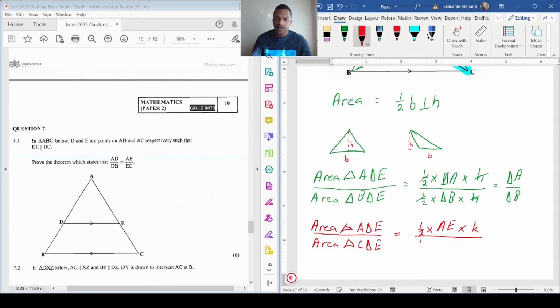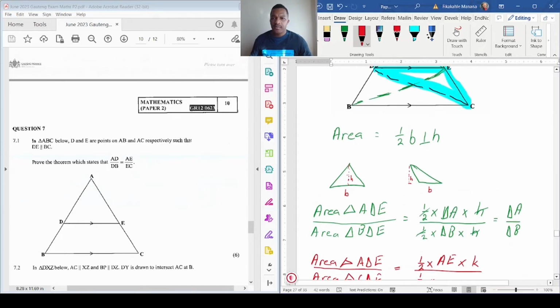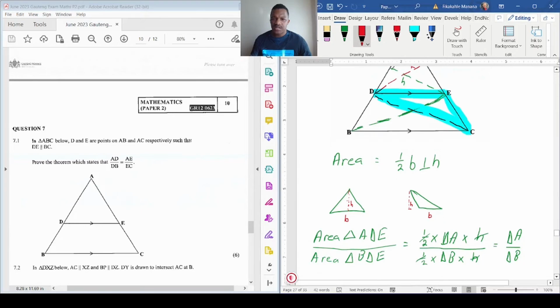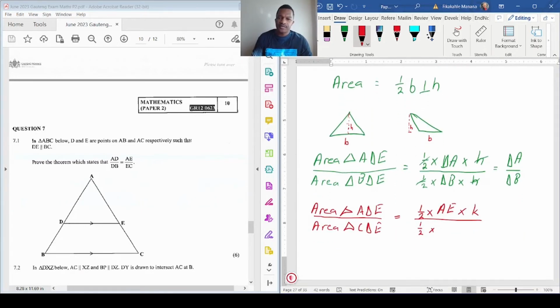Now let's go to that other triangle, CDE. It's half, and the base can only be EC, right?